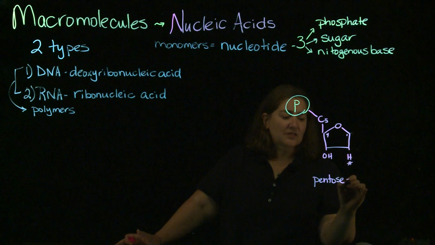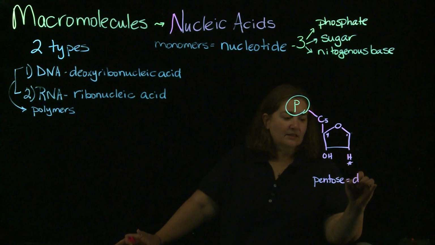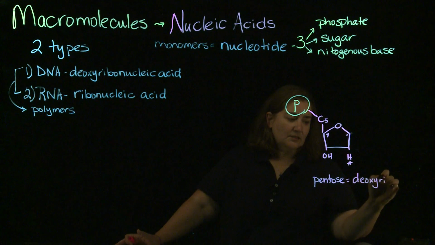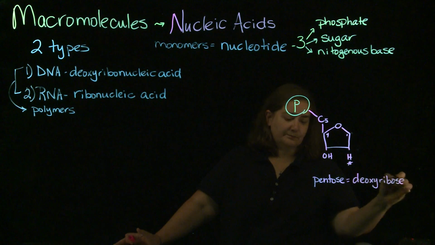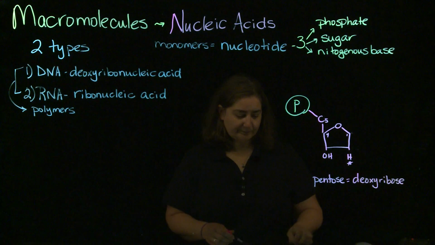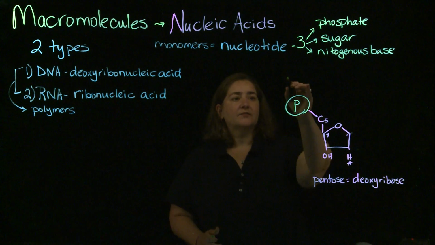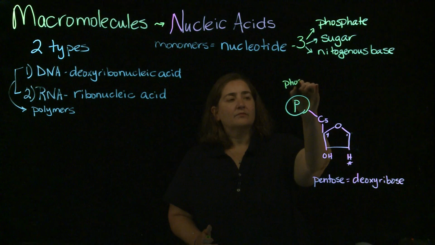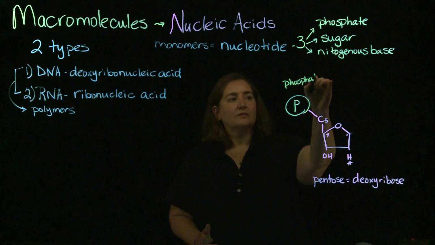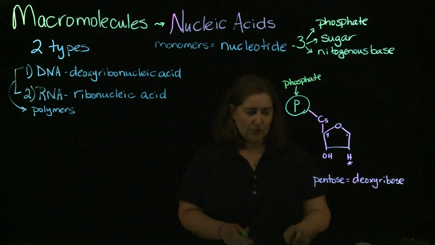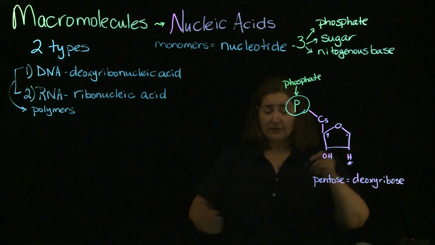So our pentose in this case is going to be deoxyribose. We've got, in green, our phosphate group. And again, I'm not concerned that you know and draw the structure of a phosphate group.